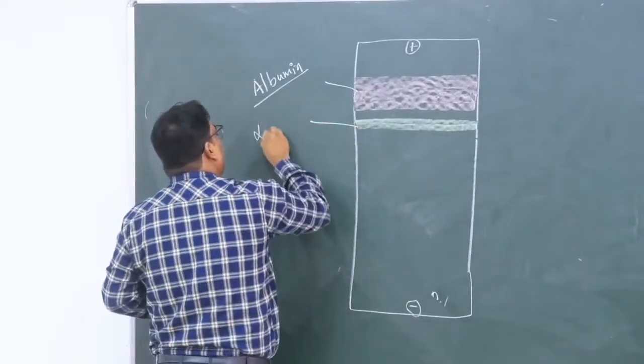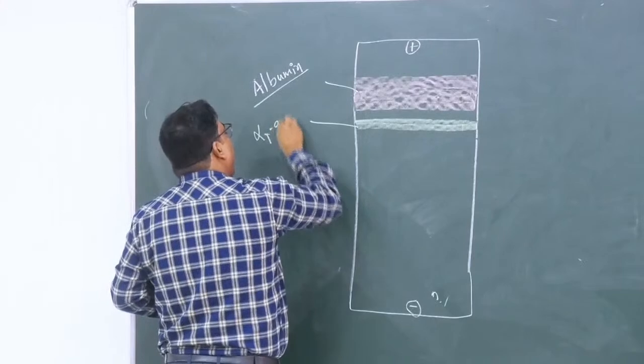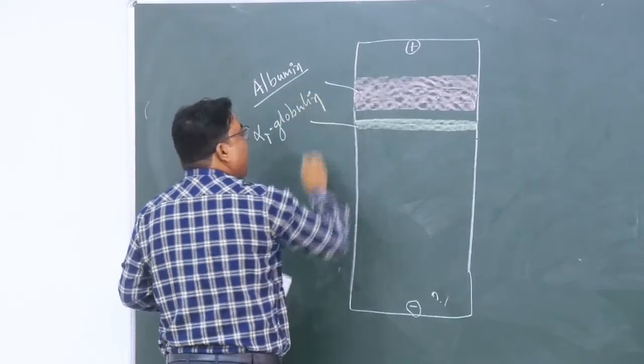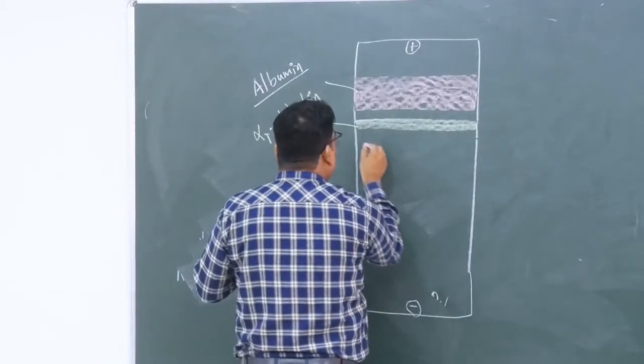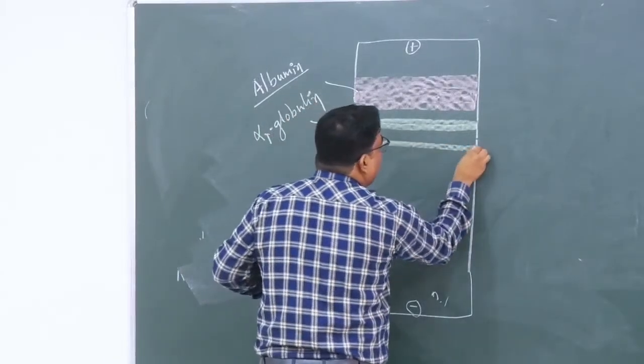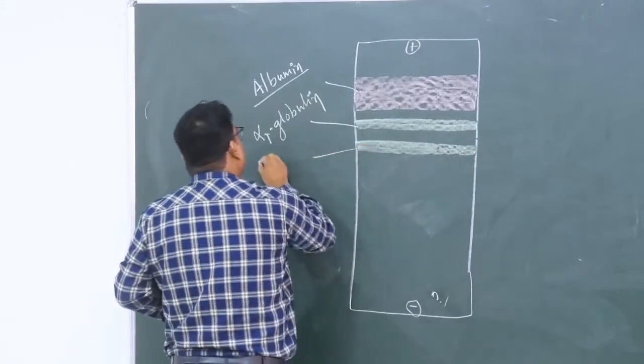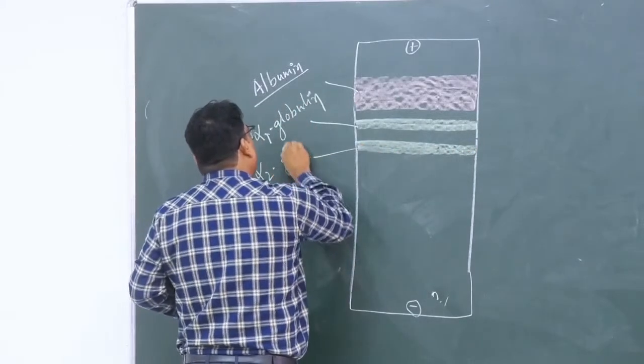This is alpha-1 globulin. Alpha-2 globulin.